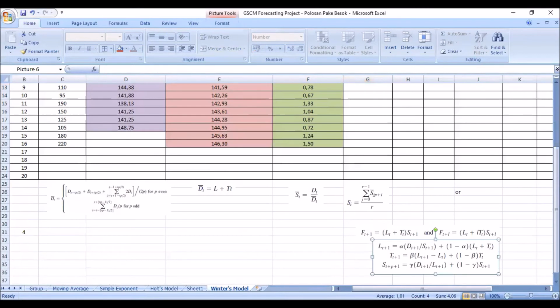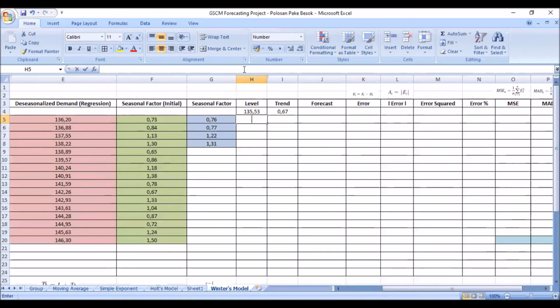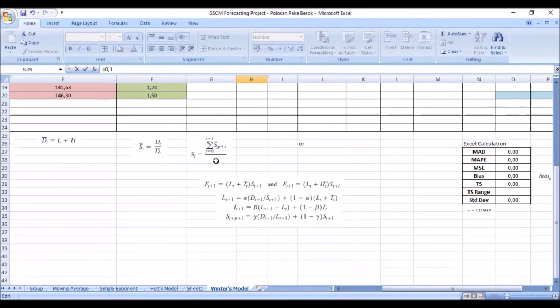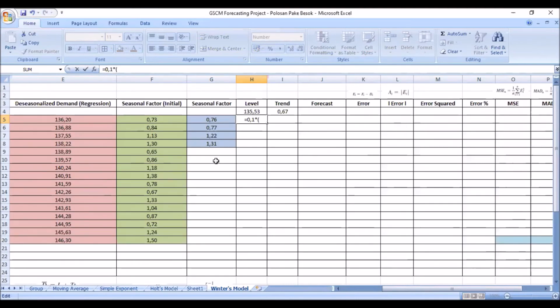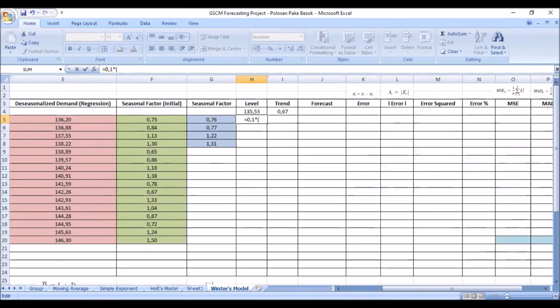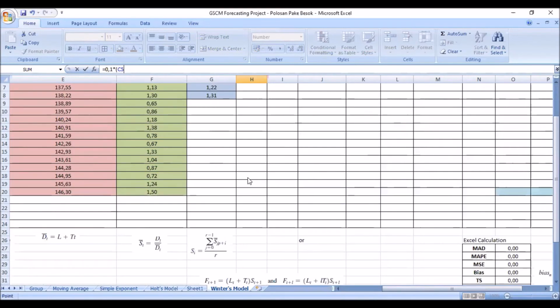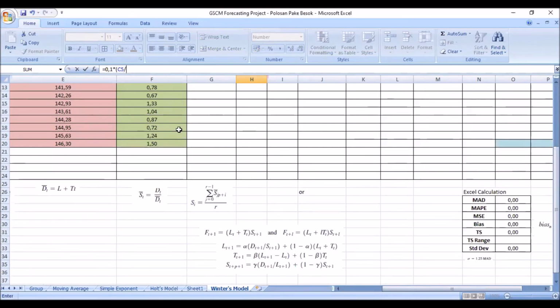And then we're going to start utilizing this formula, starting from the level first before we do the trend, which is alpha multiplied by the current demand divided by the current seasonal factor, plus 1 minus alpha multiplied by the previous level and trend. So in this case, we're going to use alpha multiplied by the current demand, which is the current actual demand, not the deseasonalized one, and then divided by the seasonal factor at the same level.